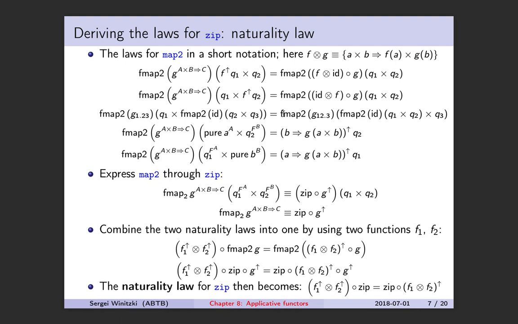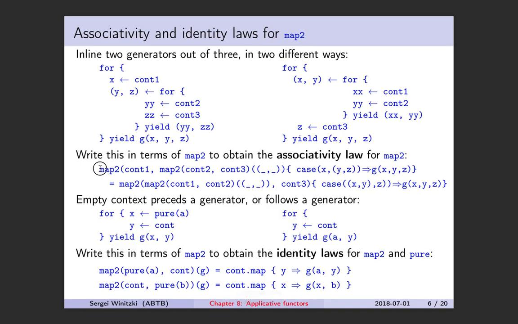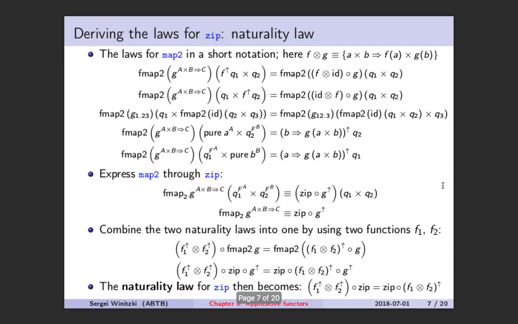So I have just rewritten the associativity law in a short notation. It's slightly shorter than this, but it's still quite ugly. And finally, the two identity laws, which I rewrite like this.